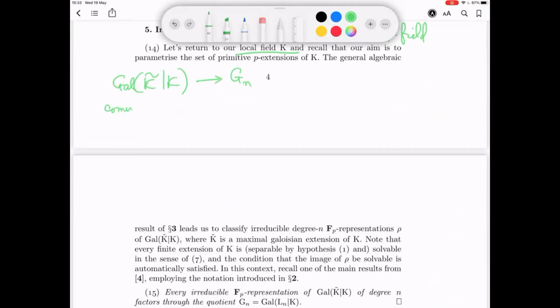This comes from the inclusion. Ln is contained in K tilde. So because of this map here, I get another map, which is from the set of irreducible representations of Gn to irreducible representations of the absolute Galois group.